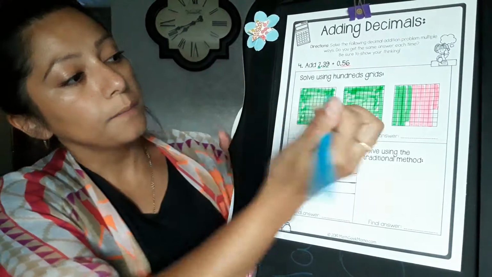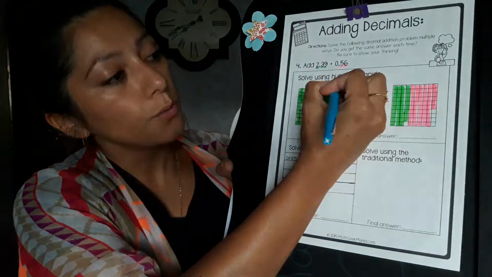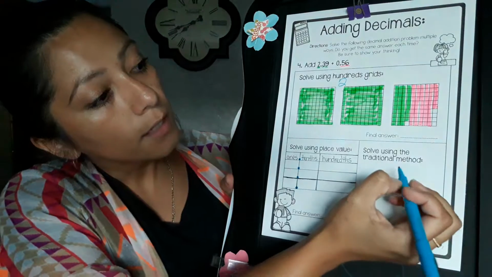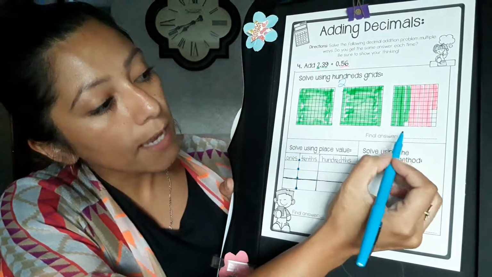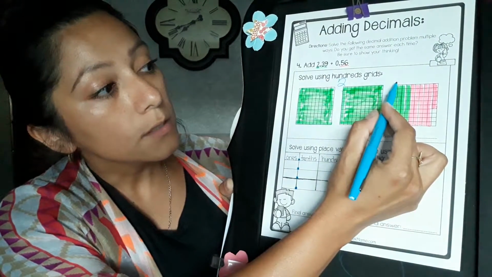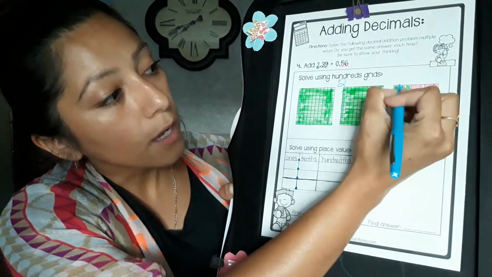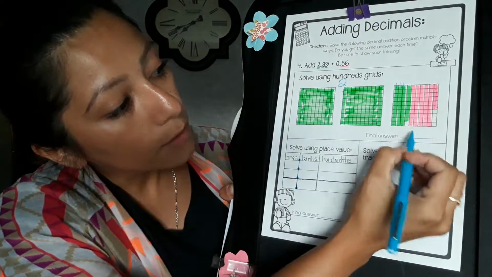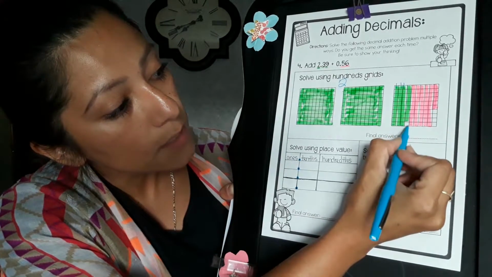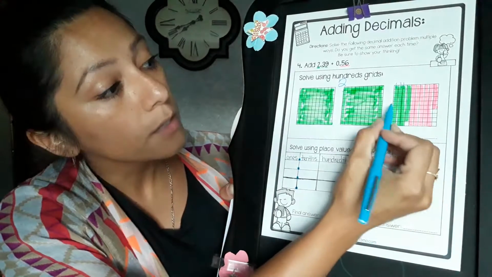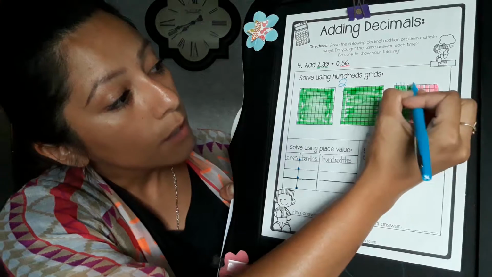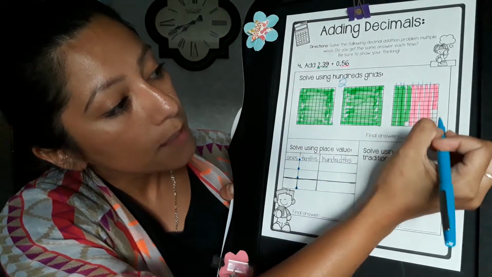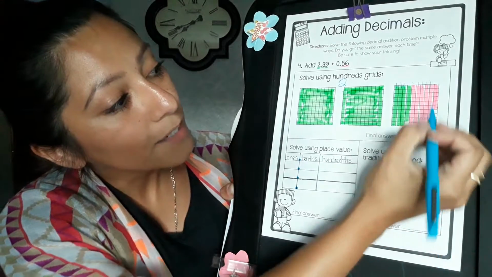So we said that we have 2 wholes here. Okay. Now let's count and see how many tenths we have. So we have 1, 2, 3. Now this one does not count because it's not shaded all the way. So 1, 2, 3, 4, 5, 6, 7, 8. Okay, there's 8 of these.